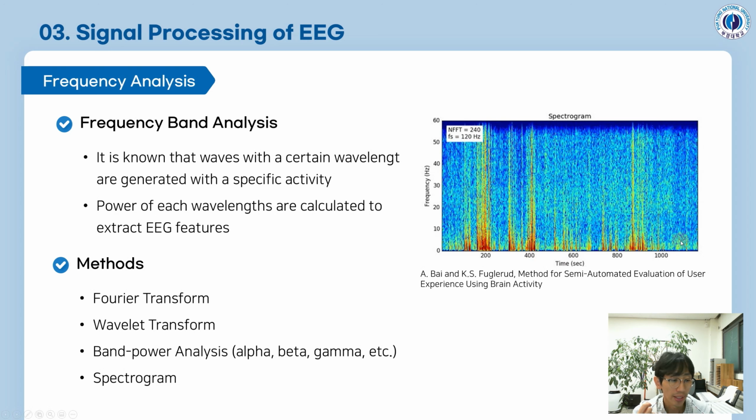The x-axis is going to be time, and the y-axis is frequency. As you see, there are some strong signals at 1200 or 400 milliseconds. So this is not seconds, I think. This is going to be milliseconds.